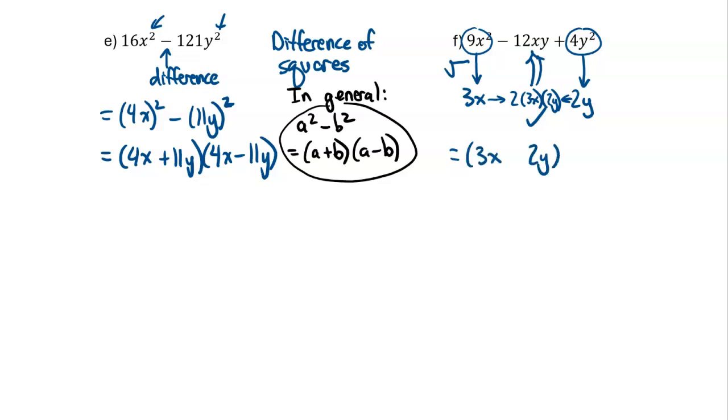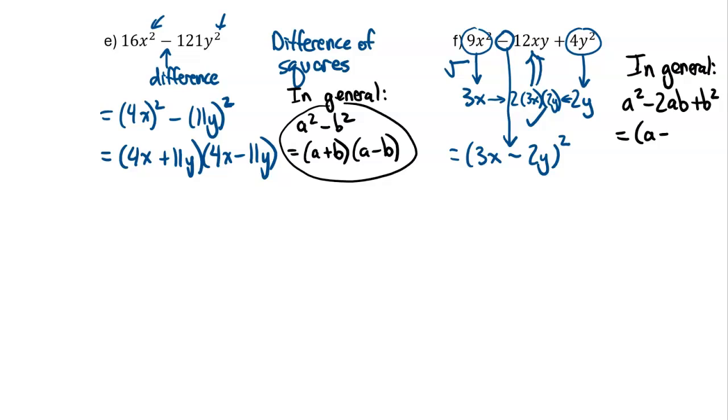And so what we're going to do here is write it as 3x, and then plus or minus 2y. Well, it's a minus if the minus is in front of the second term. And then we write that all squared. So the general form in this situation would be a squared minus 2ab plus b squared is equal to a minus b all squared.